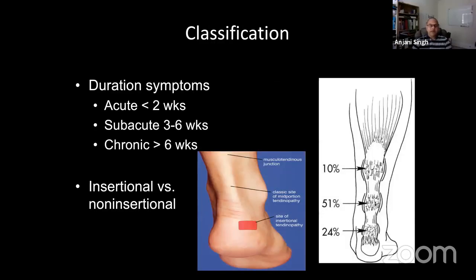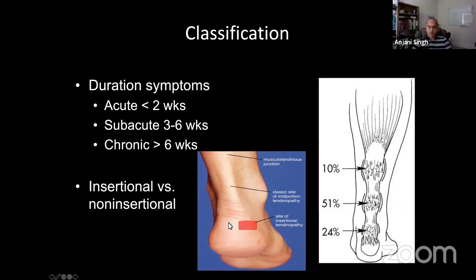Going by classification, it can be classified into different categories based on duration, an acute presentation or a chronic presentation beyond 6 weeks. It can also be classified as insertional or non-insertional, depending upon the location of the symptoms. As you see from here, it demarcates the areas where you would see them more commonly.